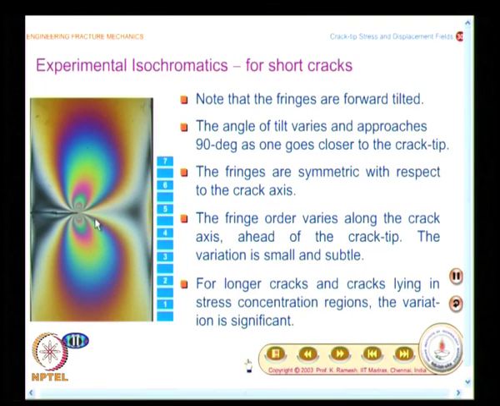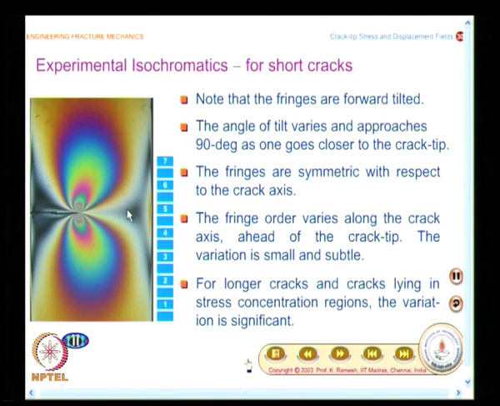And another subtle observation is you find the color along the crack axis gradually changes from some shades of gray to finally becoming more and more black, which indicates that there is a variation of maximum shear stress along the crack axis.